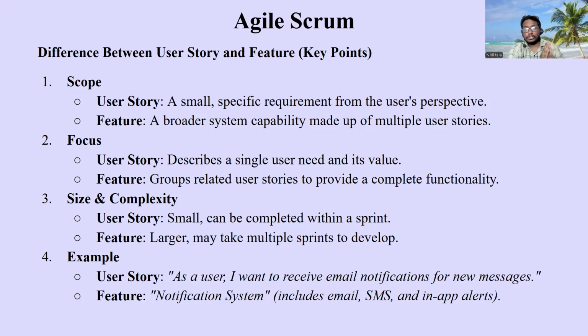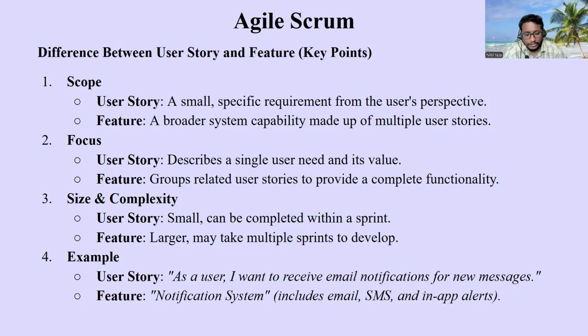In Agile Scrum methodology, you focus on completing particular user stories. But in Lean methodology, you focus on completing one complete feature per iteration.